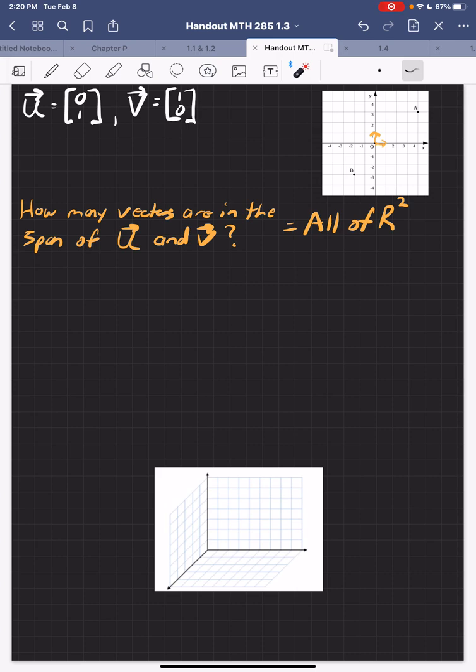Now, let's think about, again, using these vectors up here. So thinking about vector u, vector v, is it possible to arrive at some point in space? I'll say that one more time. Let's just assume that this is the v direction and this is the u direction.